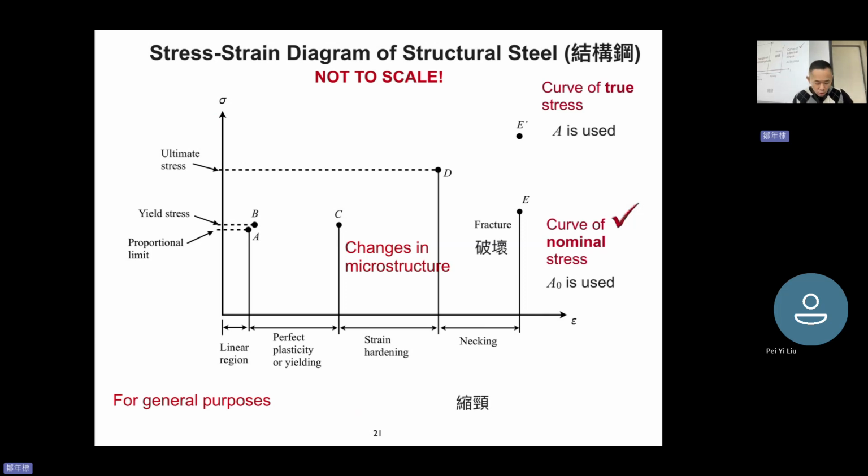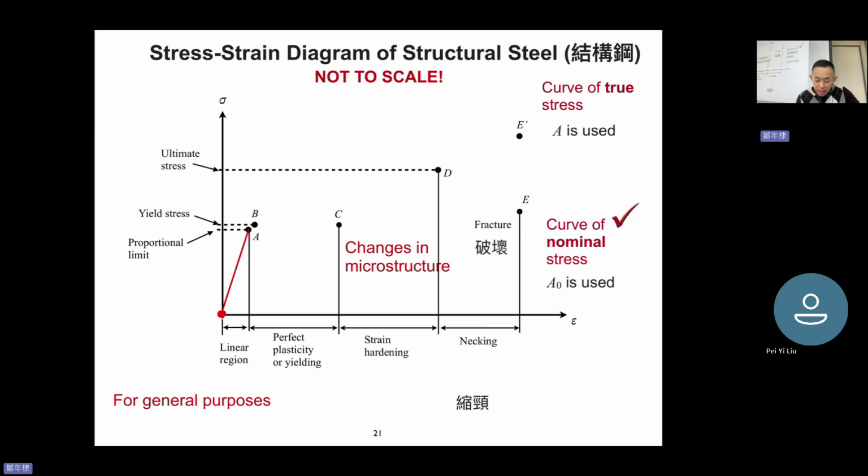Okay, so when you apply the force and elongate it, it starts from the origin, right? And you can expect that when you pull, the stress and strain increase proportionally, and of course you will know later that this is the Young's modulus.